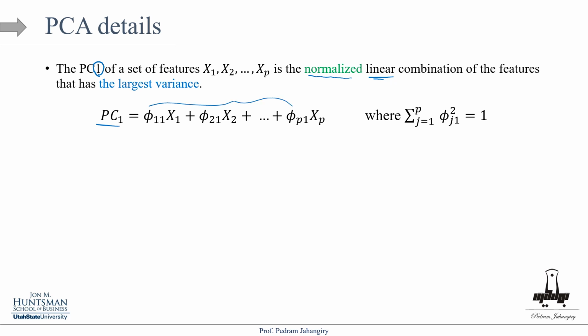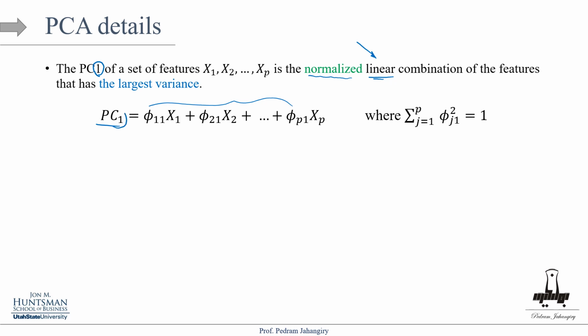These x's can be anything: education, age, income, any kind of information you have. For now we're talking about the linear combination, so this is our linear PCA. Later on, we're going to ask what if you want to capture some non-linearity in the data. That's why we have kernel PCA. But for now, let's keep things simple and talk about the linear version.